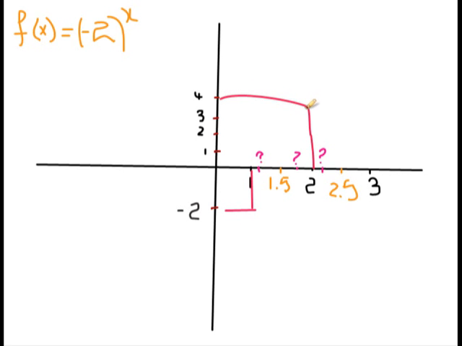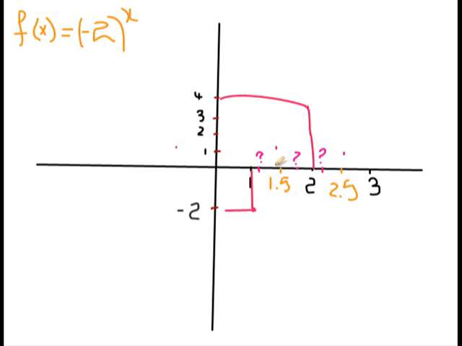Those are the two values, but I cannot draw a line between them because I don't have any value for 1.5 or 2.5. So this function is not continuous. If you try to plot it, you're just going to have some points like this.